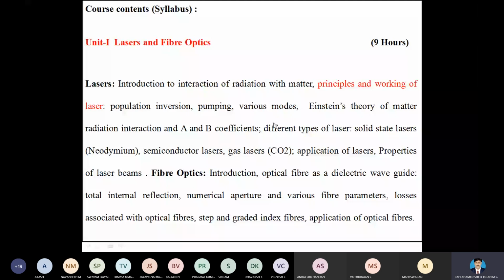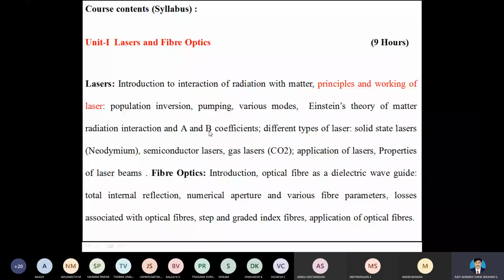These are all the topics which we are going to study from unit number 1. Introduction, principles and working of laser, population inversion, pumping and various modes, Einstein coefficient A and B, different types of the lasers.